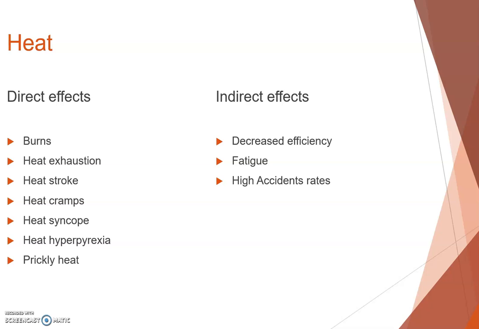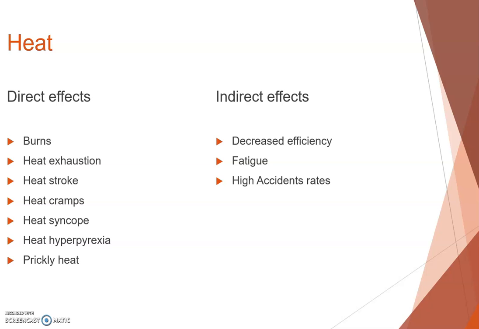Most of the time, the hazard can be due to direct heat exposure, which can lead to burns, heat exhaustion, heat stroke, heat cramps, heat syncope, heat hyperpyrexia, prickly heat, etc. And sometimes there can be indirect effects due to temperature also.